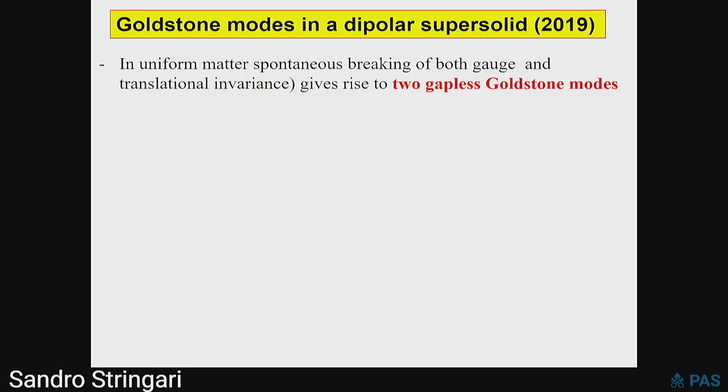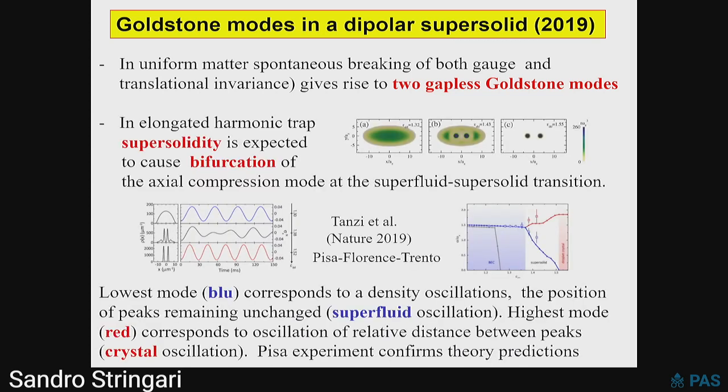In particular, the real Goldstone modes take place in infinite matter, where they take the form of gapless phonons, and in the case of a supersolid, there should be two Goldstone modes, because you have two spontaneously broken symmetries. This was actually observed experimentally, because when you increase the size of the relevant interaction parameters, the collective oscillation in harmonically trapped gases is split into two collective oscillations.